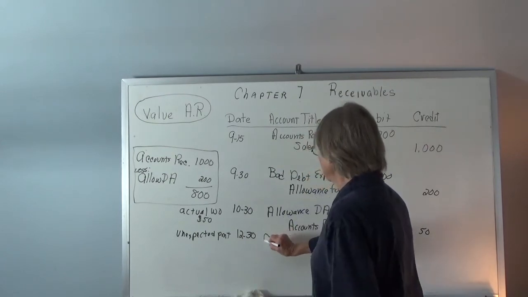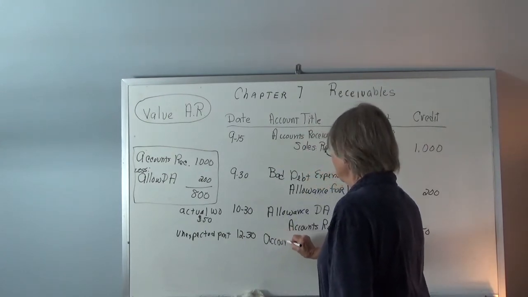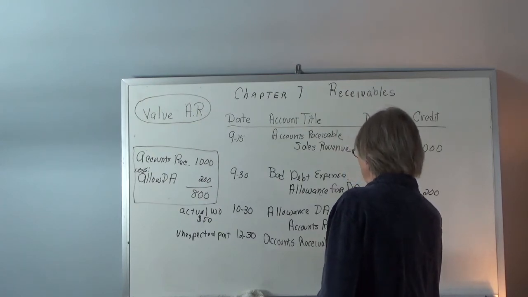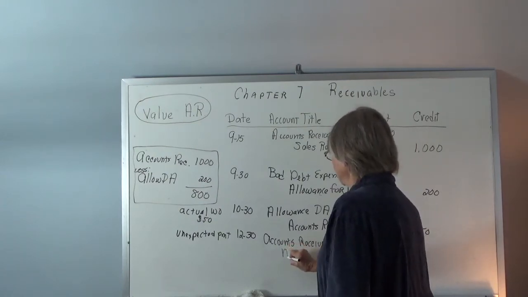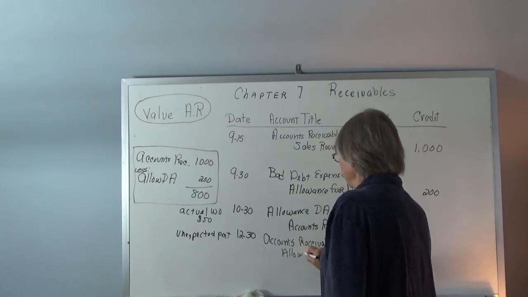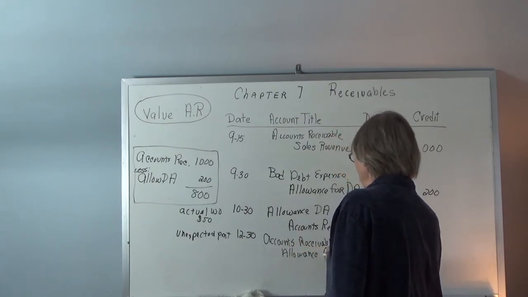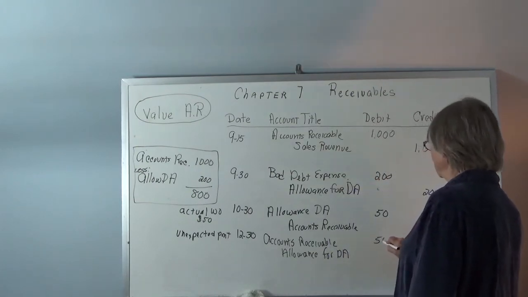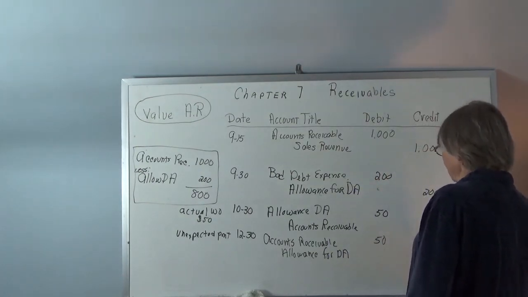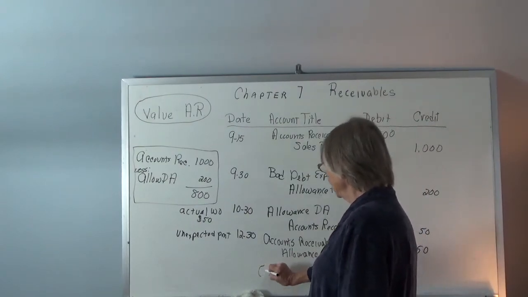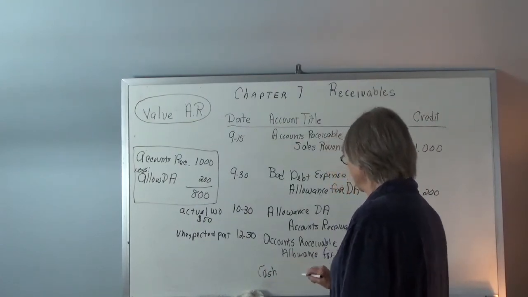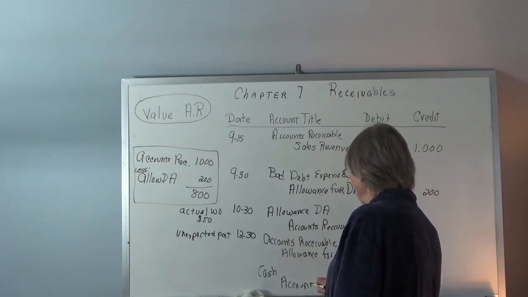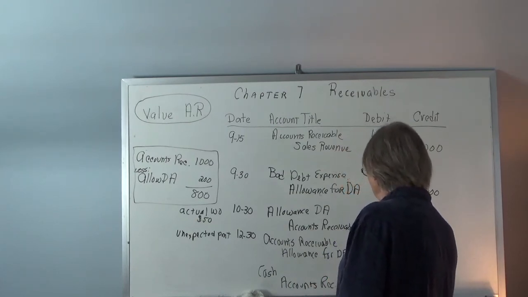So we would have to put the accounts receivable back on the books. We would put the $50 back in the allowance for doubtful accounts. So we've essentially reversed the entry to write it off. And now we can record the cash that we received and reduce the accounts receivable for that person. Okay?